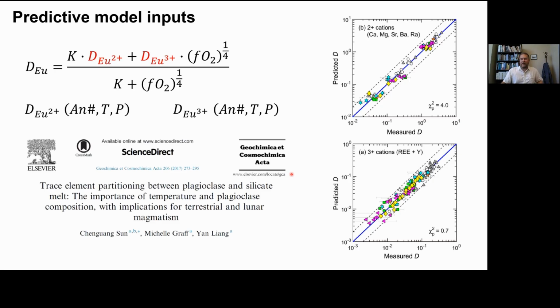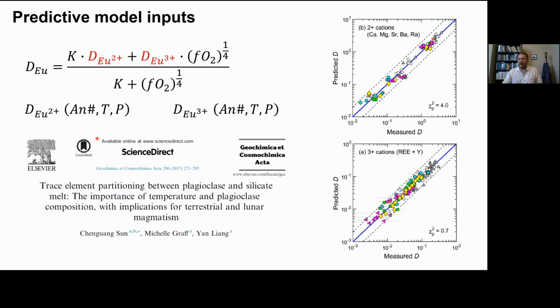So I mentioned that two important parts of this predictive model are divalent and trivalent europium partition coefficients. These have to be predicted in order to calculate the total europium partition coefficient as a function of fO2. That's possible thanks to some very accurate and precise predictive models that were developed by Chen Sun.